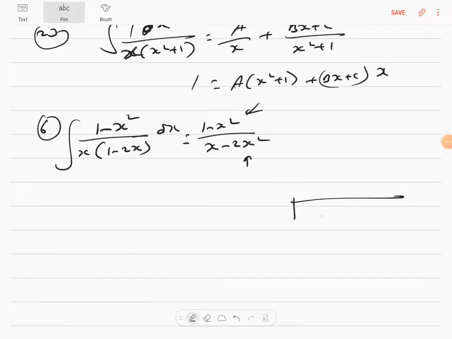You are going to divide minus x square plus 1, rearranged and written this way, by x minus 2x square, or rearranged, minus 2x square plus x.